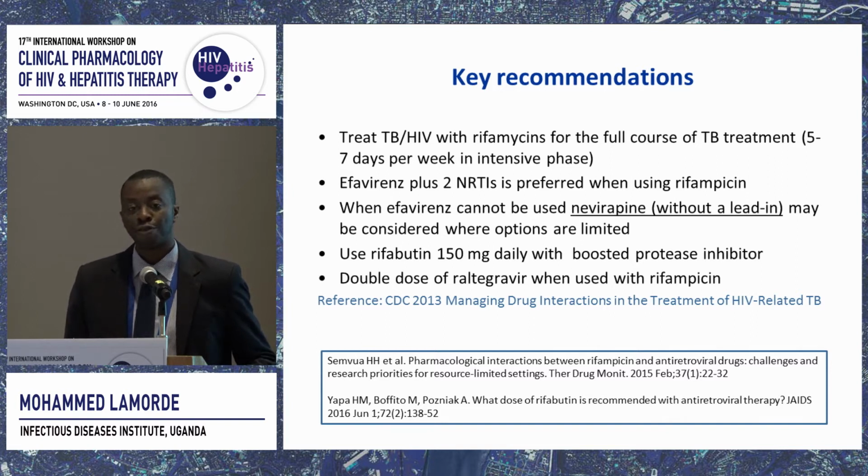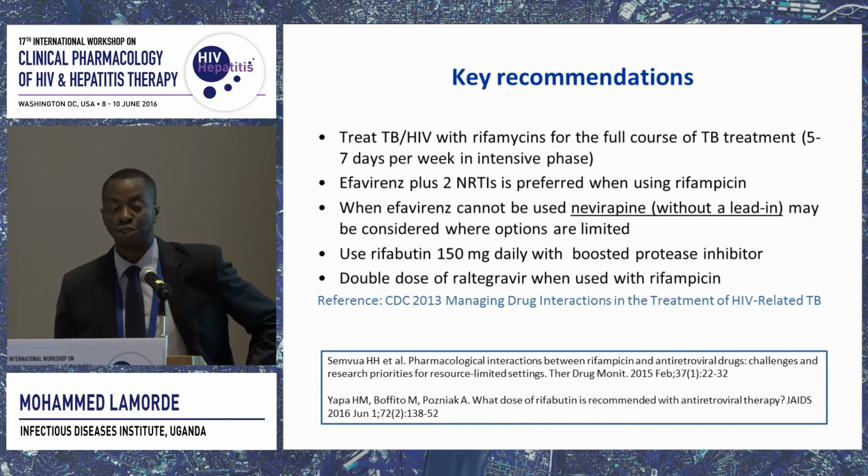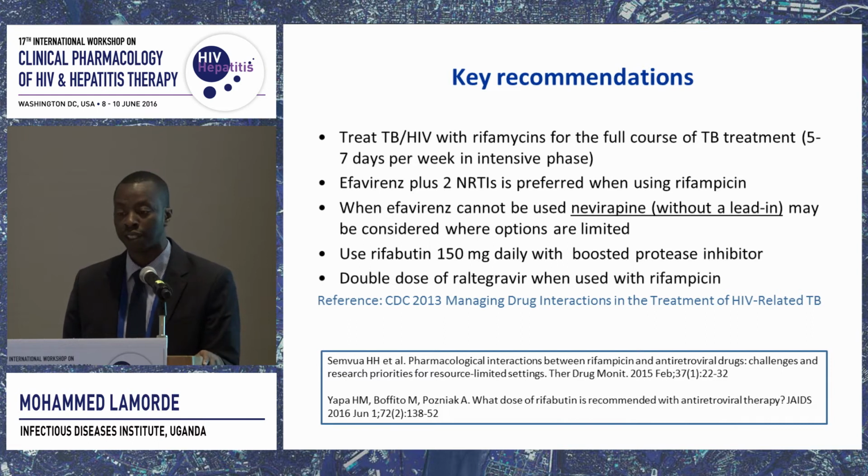The next is about rifabutin, used at 150 milligrams daily with boosted protease inhibitors. Now, this recommendation works if you have rifabutin. Rifabutin is more expensive than rifampicin. Rifampicin generally comes free of charge to patients and even to programs in developing countries through WHO mechanisms.